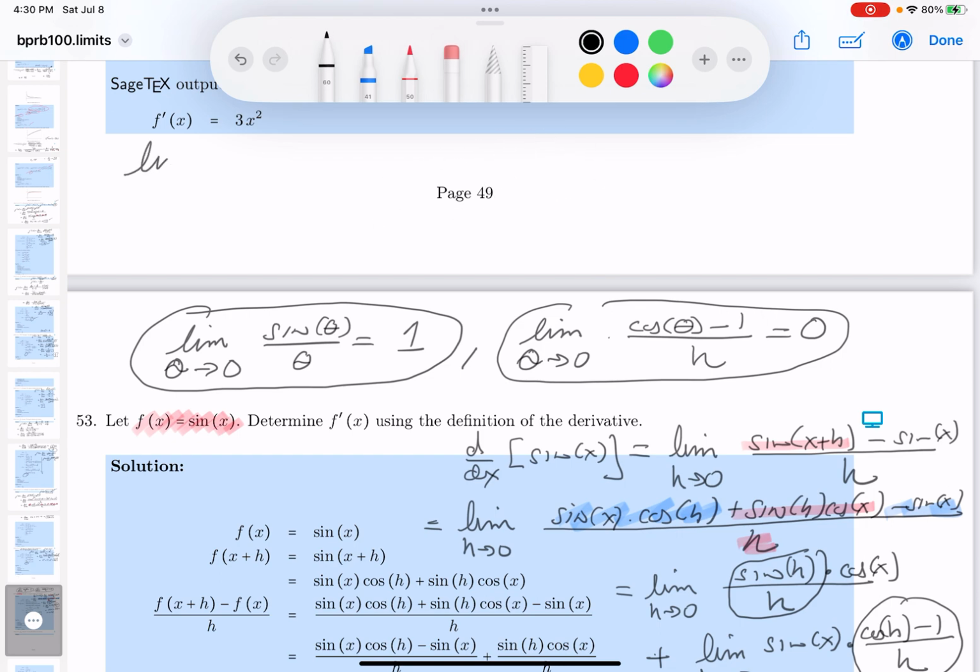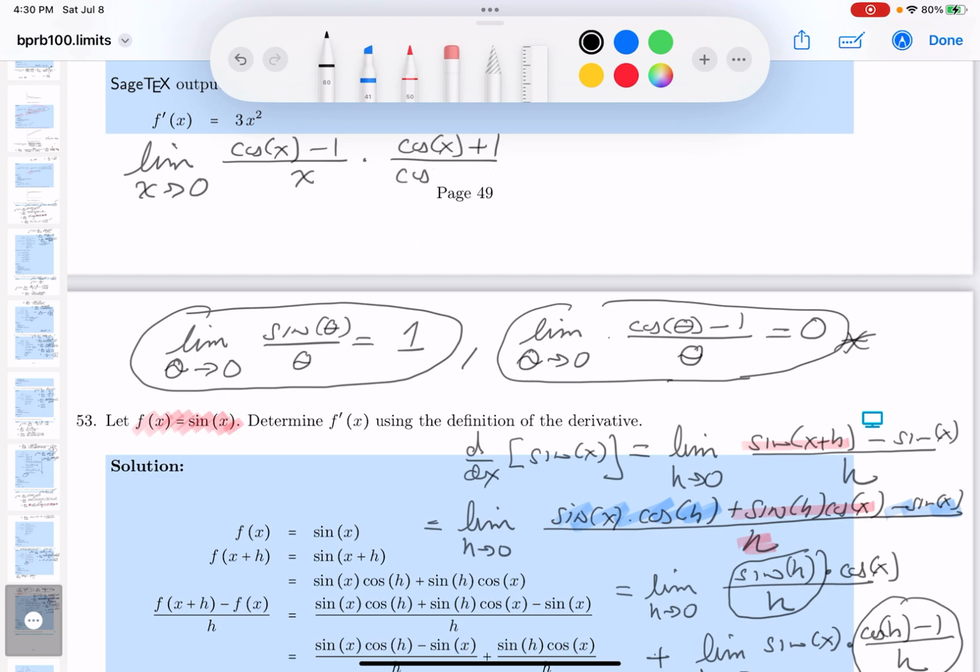So limit as x goes to 0 of cosine x minus 1 over x. Again, I did it again, I got my letters all mixed up. Sorry about that. I'm really screwing up here.